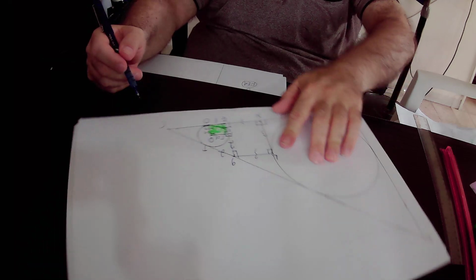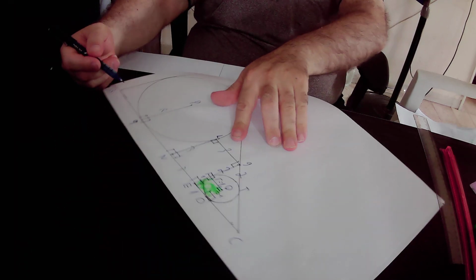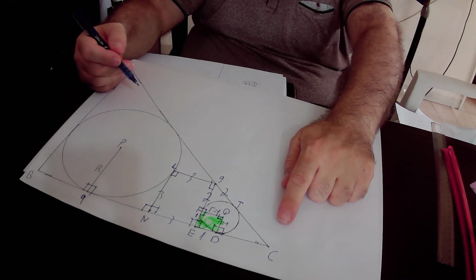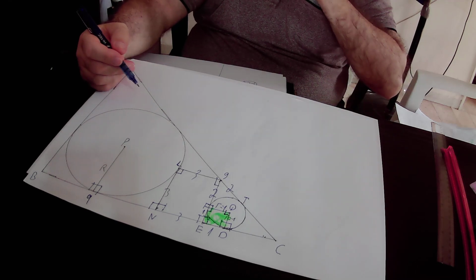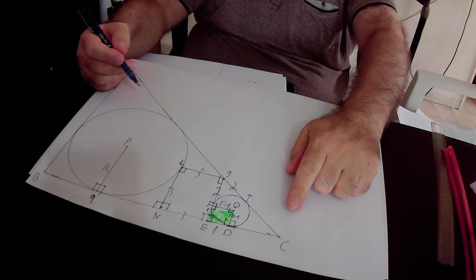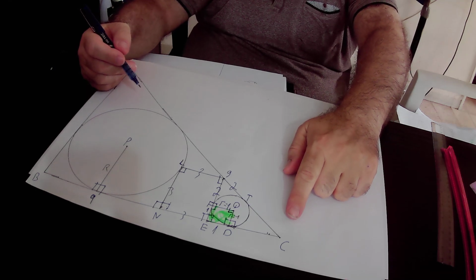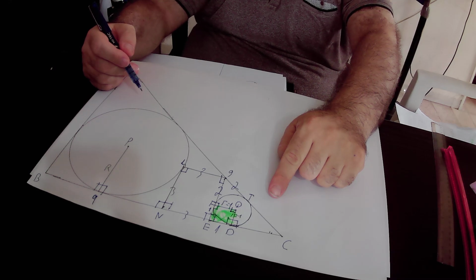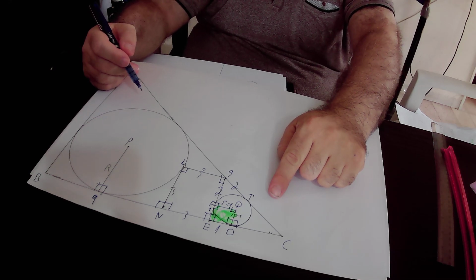Likewise, we focus on the common external point C. From C, we have two tangents to this circle, tangent CD and tangent CT. According to rule number 2, they are equal to each other.